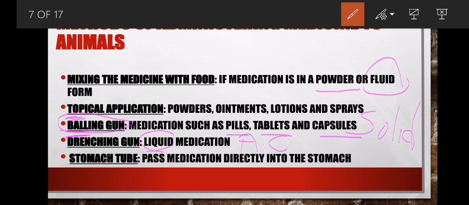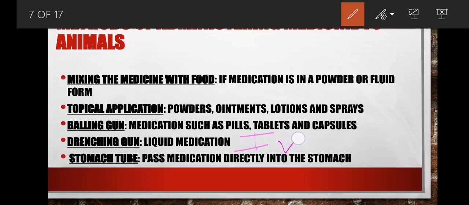So meaning, people, the drenching gun, even the bowling gun, when you administer the medication using these two instruments, the aim is to treat internal parasites.